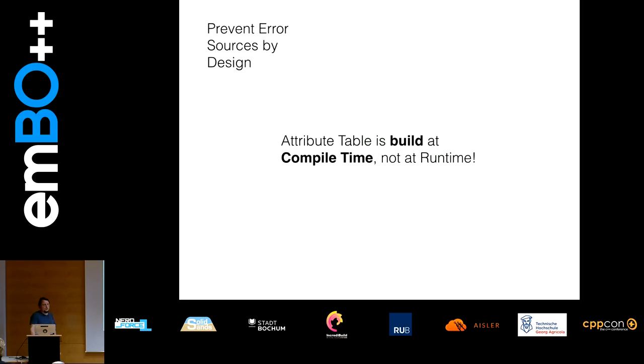The attribute table is built at compile time, so you don't have to call a bunch of functions at startup that you have to check the errors from. So there is simply no code you have to write to build an attribute table, and this can simply not fail.